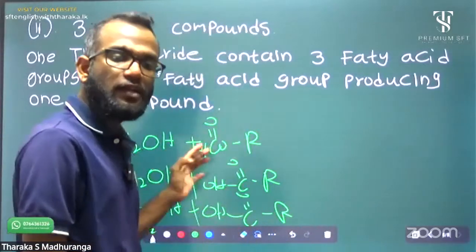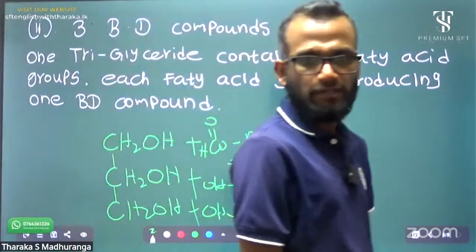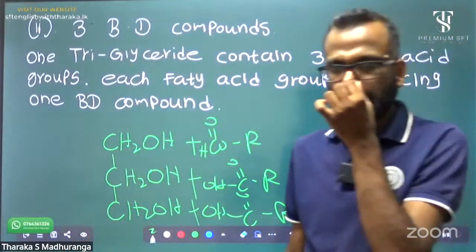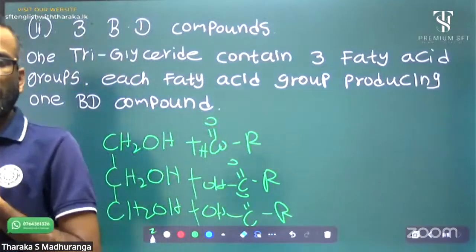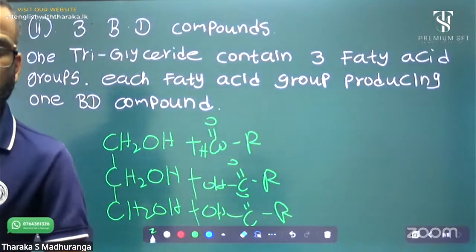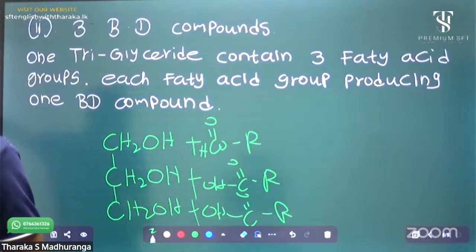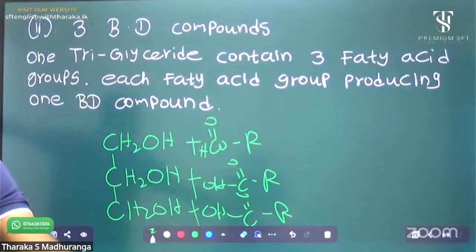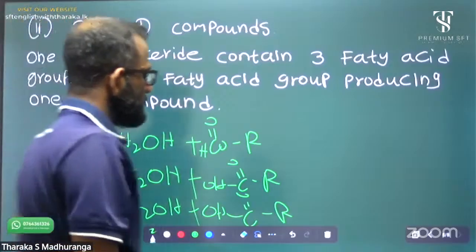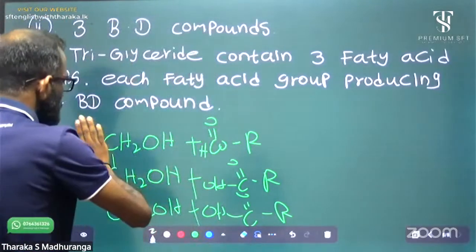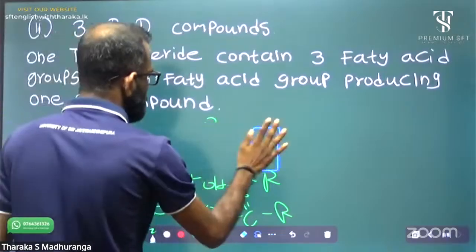Then one triglyceride produces 3 biodiesel. You don't need to draw them. If you explain clearly, that is enough.